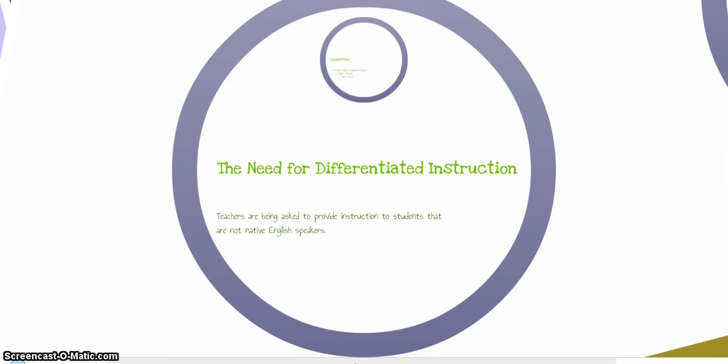So why we need to create levels to reach our students, not just our ELL students, but our gifted students, our special needs students, how we get from the high, the low, and everyone in between.